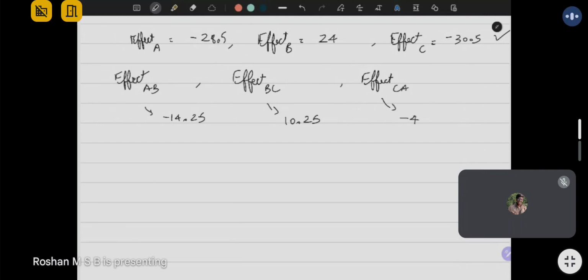Yes, is everyone else also getting the same solution? I'm doing BC and AC. AB is right. What about BC and CA?